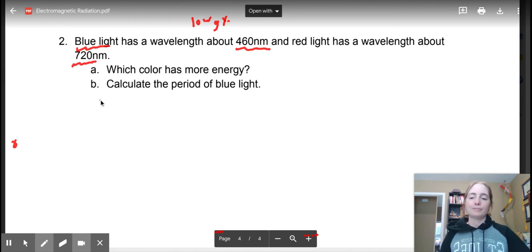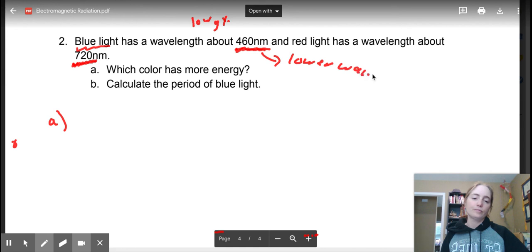Okay. Now, A, which color has more energy? Now, that's a theory question, thinking back to your notes earlier. Blue light, ladies and gentlemen, has a lower wavelength than your red light, which has a larger wavelength. So if blue has a lower wavelength, what's its frequency going to be in comparison to that of red?